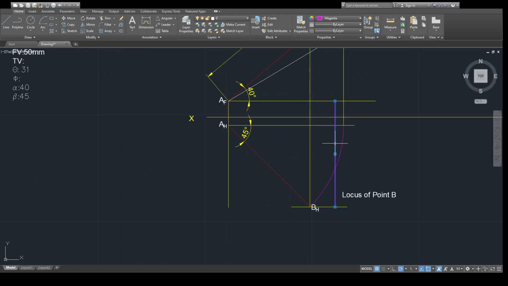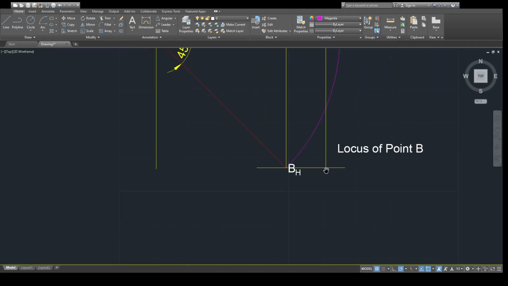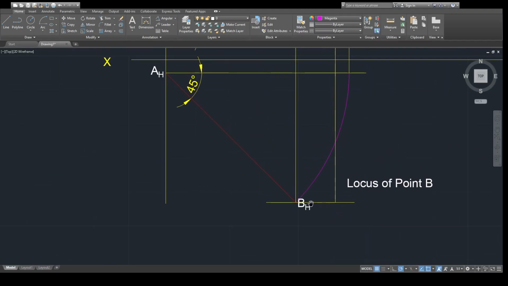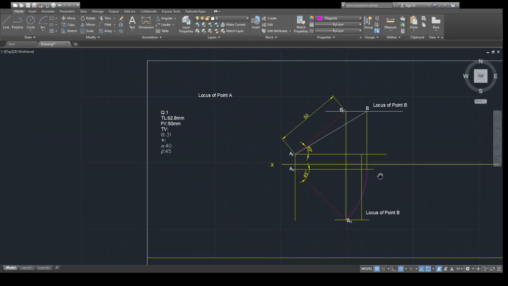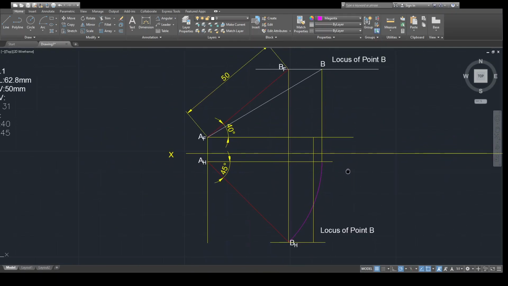I will change the color to yellow. Here you can see it is cutting the locus of point B at this point. So we'll name this point as point B. The same B I will copy to here.